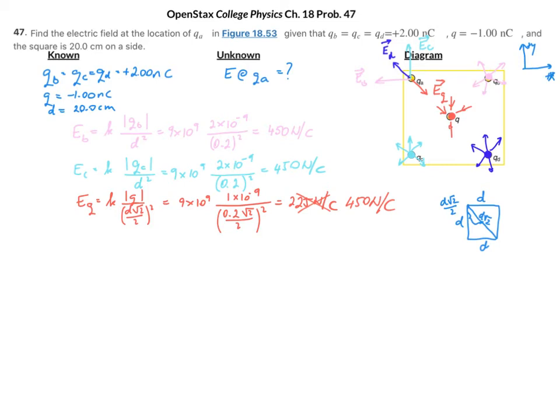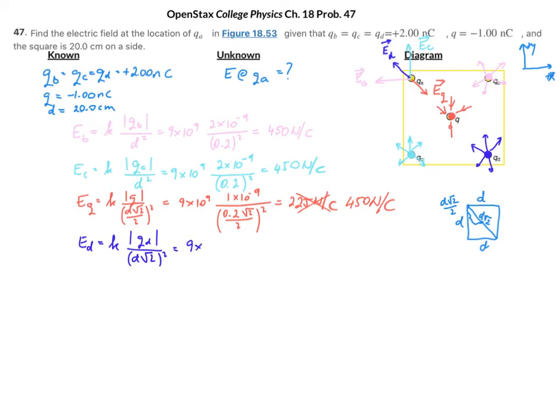That's due to charge QD. So the electric field due to charge D is K, absolute value of Q sub D, divided by the distance from QD to QA squared, and that distance is this diagonal that I said earlier was D root 2. So that would be D root 2 quantity squared.